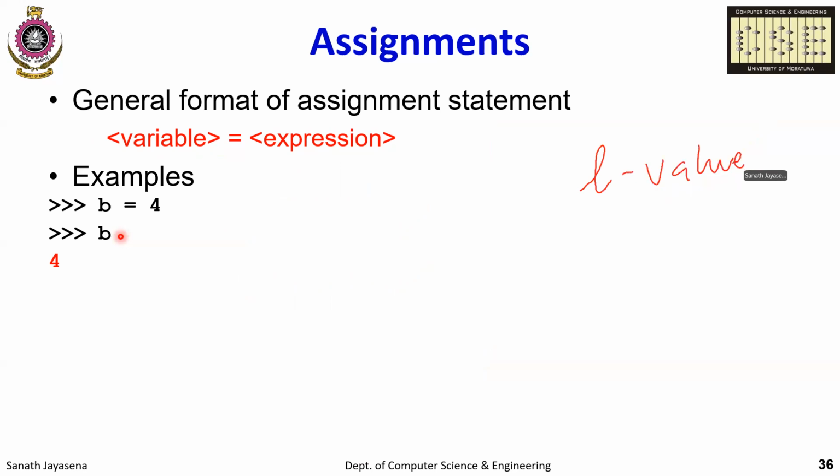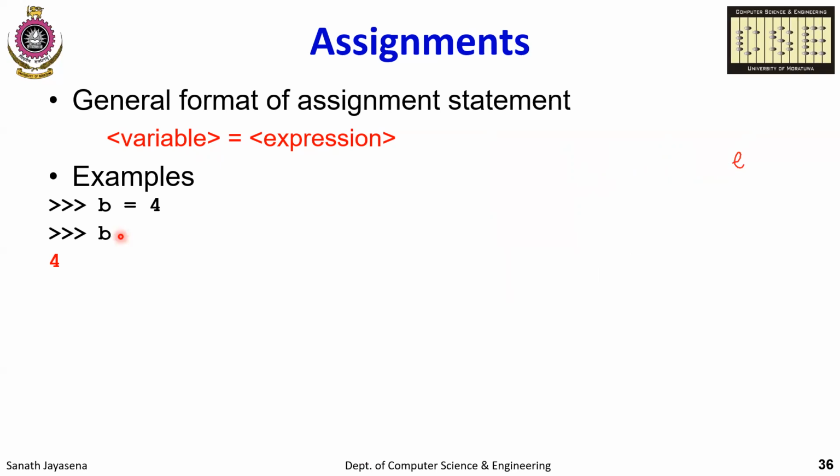L value is something that can appear on the left-hand side of an assignment statement. So you cannot have a constant there. A constant cannot be an L value. That means a constant cannot be the left-hand side thing in an assignment statement, right? So that's what we mean by L values.